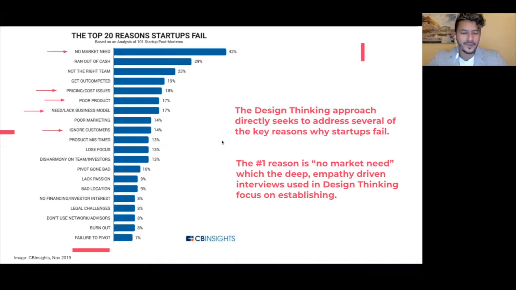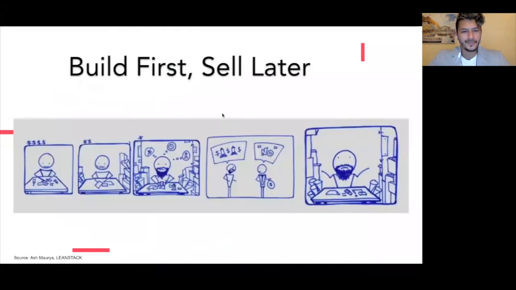Okay, so that's why design thinking is important, and why so many entrepreneurs and founders use design thinking when they're building a business.